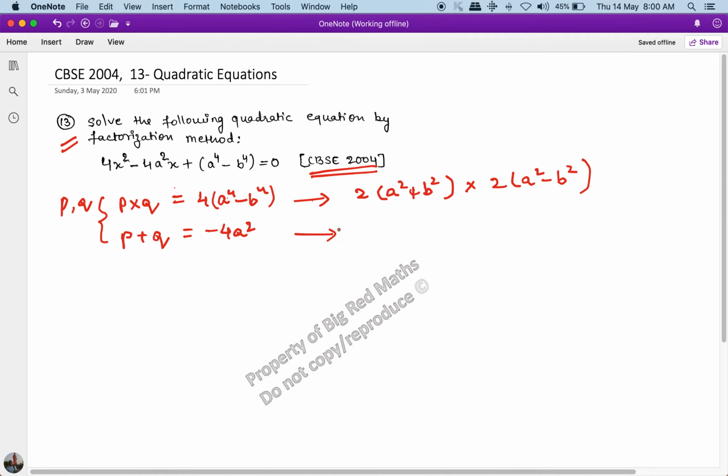And if I want to get minus of 4A square, I just have to change this sign to minus, and I change this sign to minus. Now if I add these terms, what I get is minus of 2A square minus of 2B square minus of 2A square plus of 2B square. I'm just adding these terms.